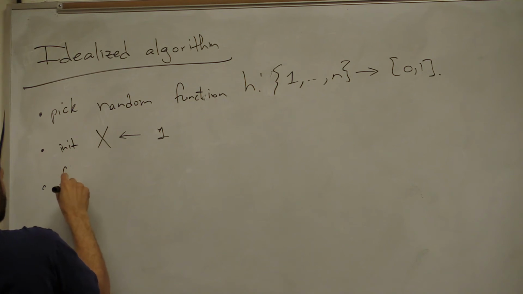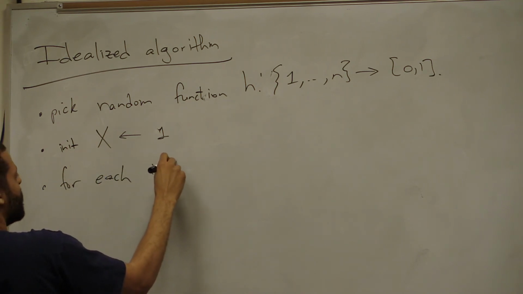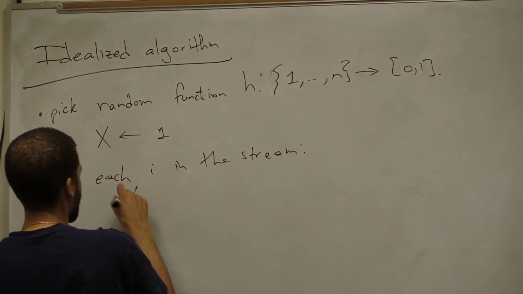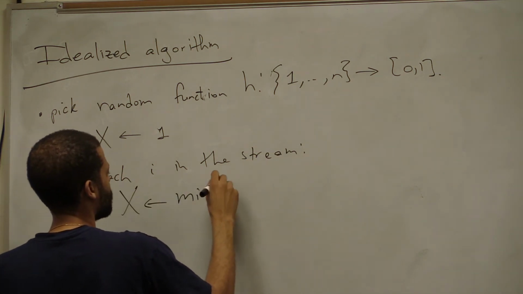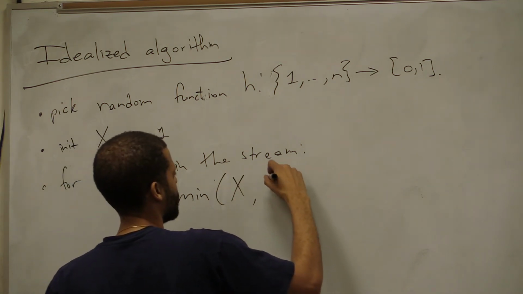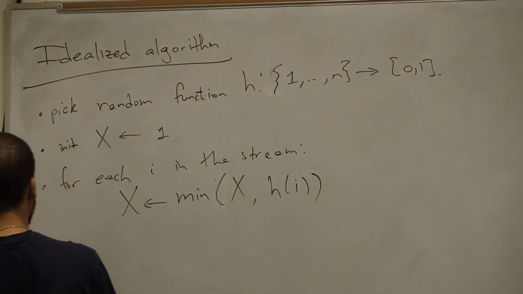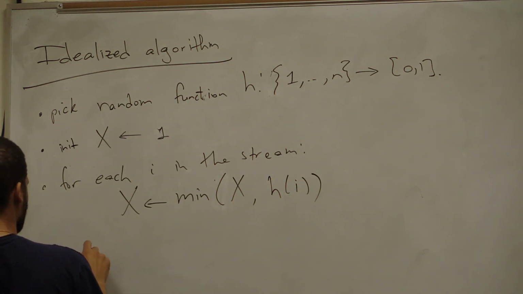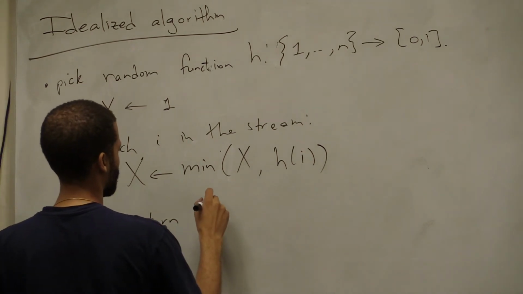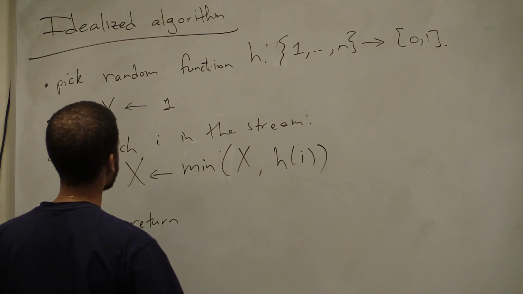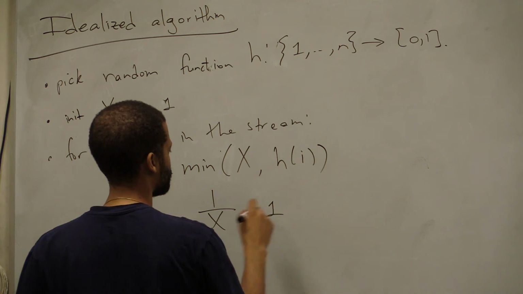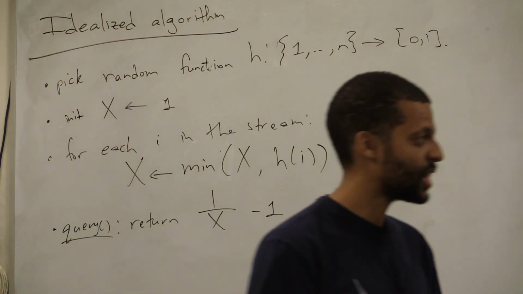For each i in the stream, I'll set x to be the min of what it was before and h of i. And when someone says query, I'll return 1 over x minus 1.